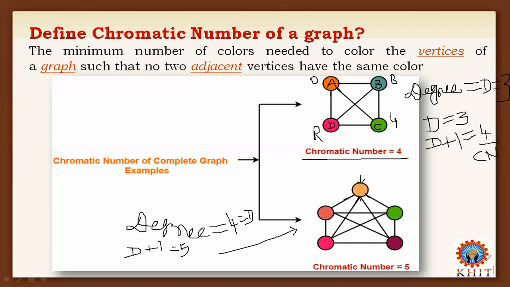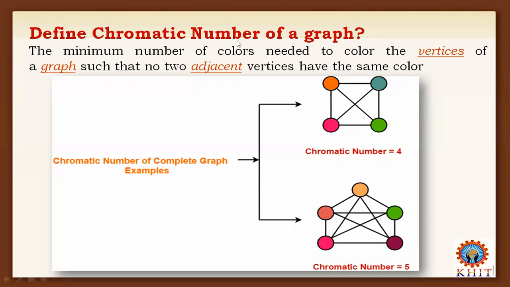Friends, in this way we need to find, calculate, or identify the minimum number of colors required to color the given graph. I hope you understood how to calculate the degree of the given graph and how to find the chromatic number of the given graph clearly.